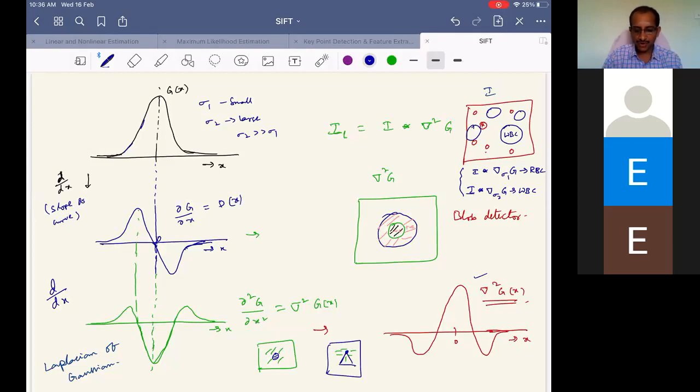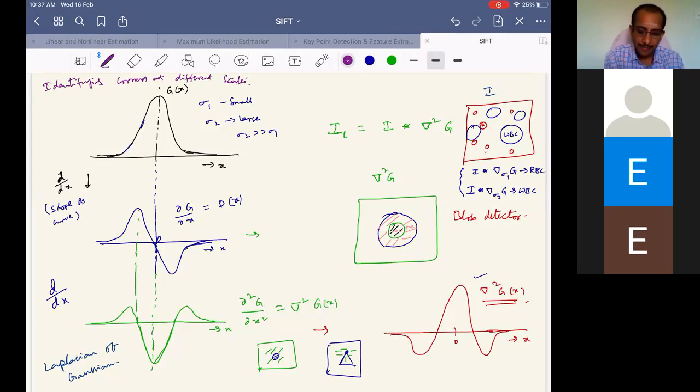But this Laplacian of Gaussian will help us extract the blobs or the corners at different scales, and that's what can be done through Laplacian of Gaussian.